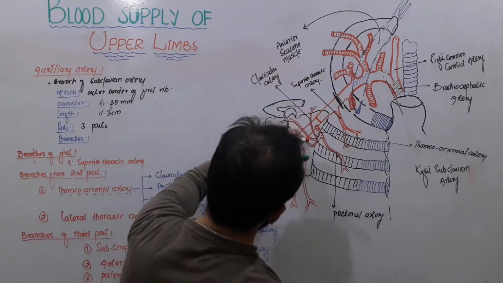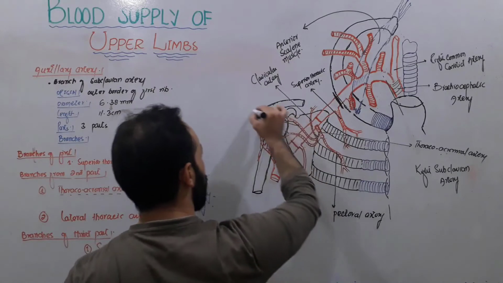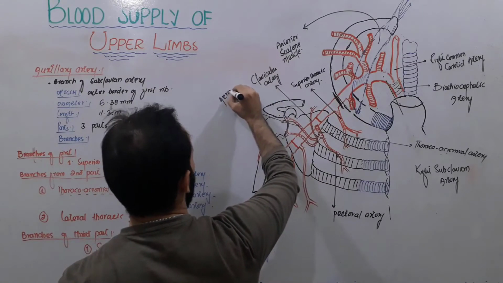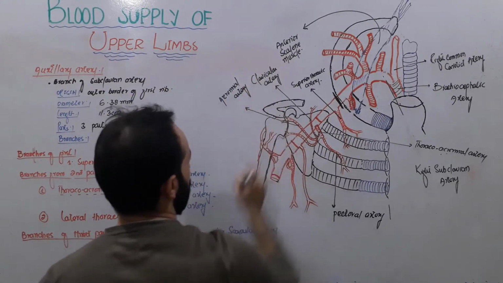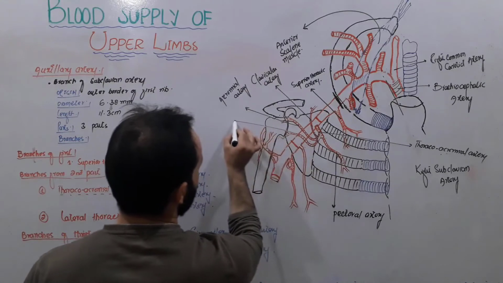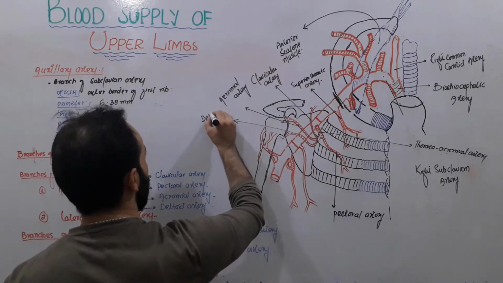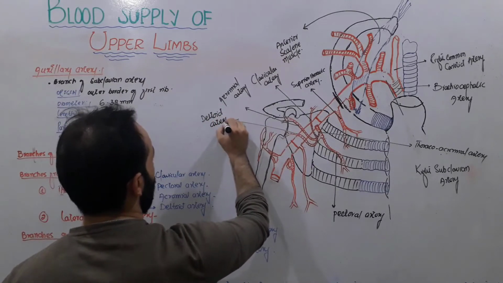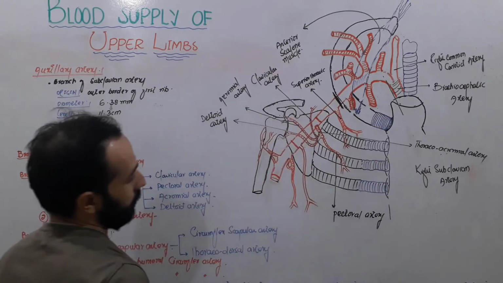And this third one is going towards the acromion process, that's why we say that this is our acromial artery, right? And this one is going towards the deltoid muscle, that's why we call it deltoid artery. Okay, these four branches are the branches of the thoracoacromial artery.